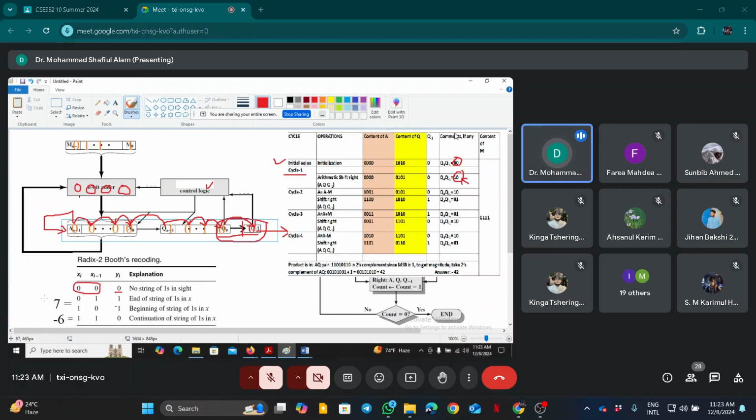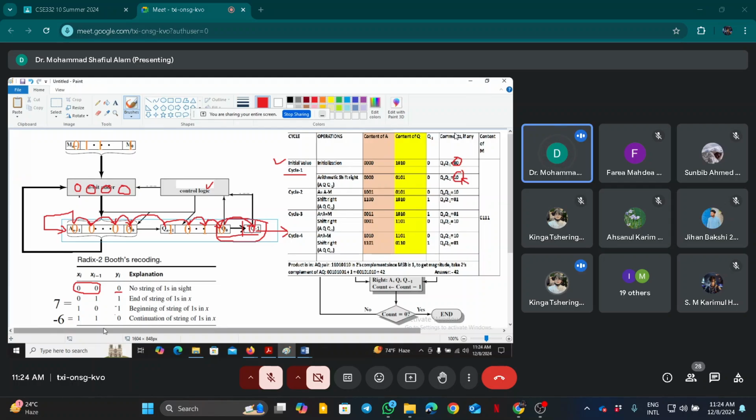For 1 0, it would be subtraction followed by a shift operation.